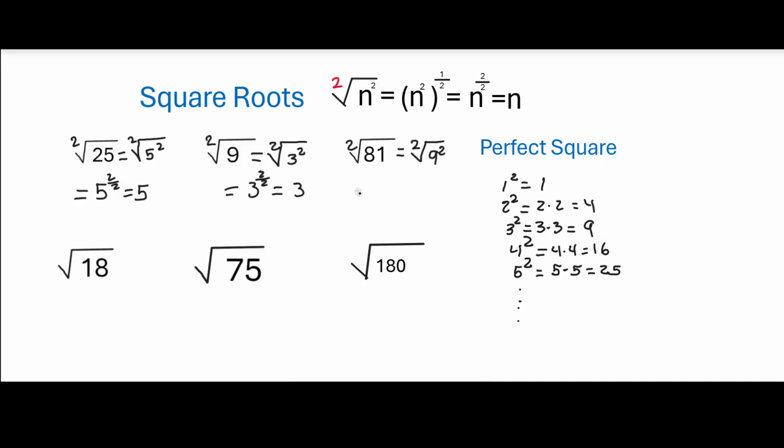We can rewrite it by dividing the exponent by 2. So that is going to give you 2 divided by 2. That's how you get 9 to the first power. So that would be the answer. That's how we say the square root of 81. The answer is 9. Just by using this formula, you can see how this is going to work, right?